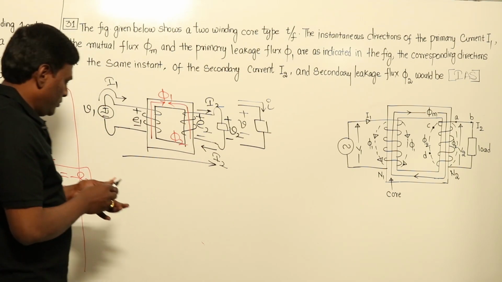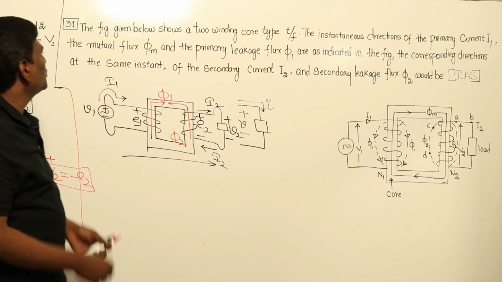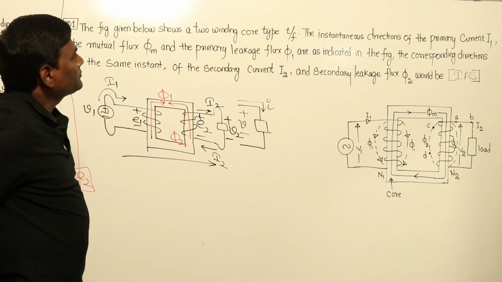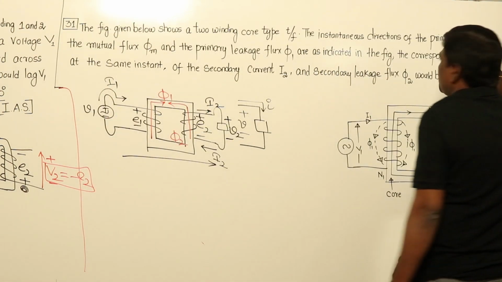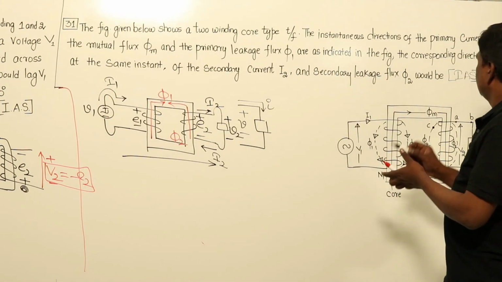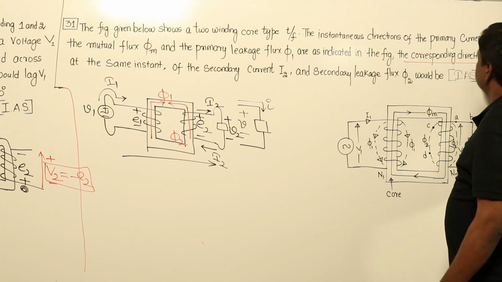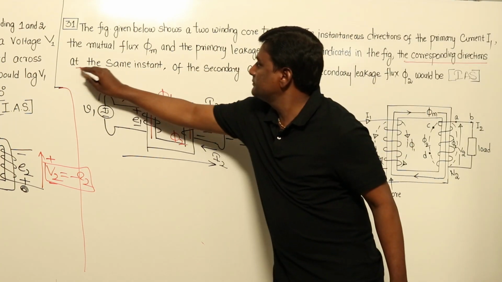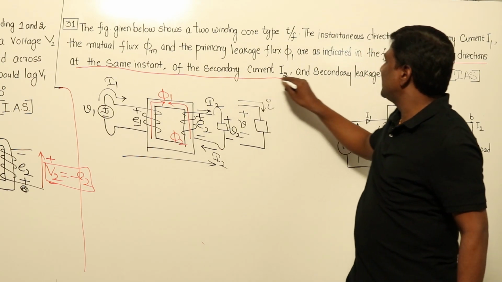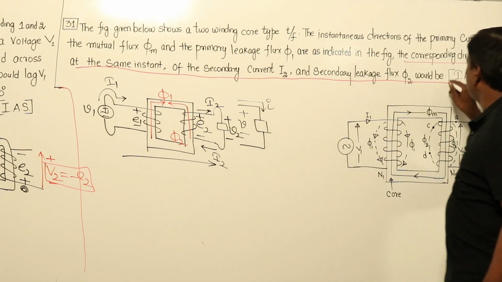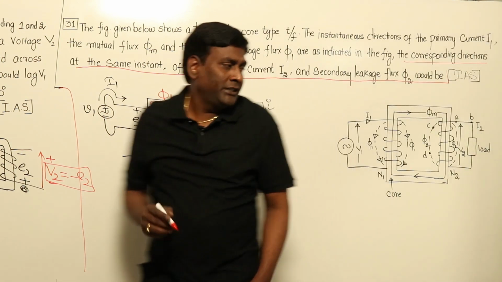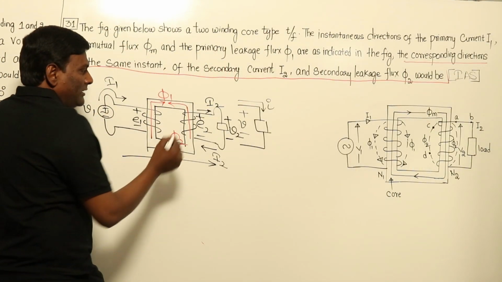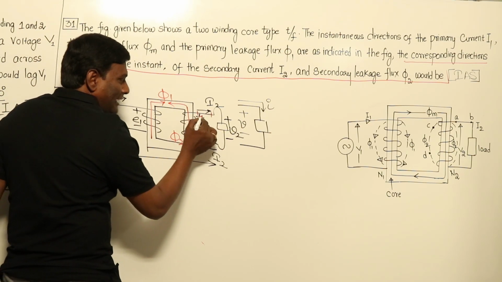Okay, now see the direction the question asked. He is asking the corresponding directions at the same instant of the secondary current I2 and secondary leakage flux pi 2. If you come back to here, my current direction will be from here to here.